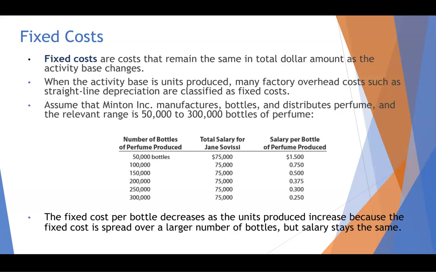The total cost remains the same regardless of changes in the activity base. Jane Sovisi's salary of $75,000 remained the same regardless of whether 50,000 bottles or 300,000 bottles were produced.